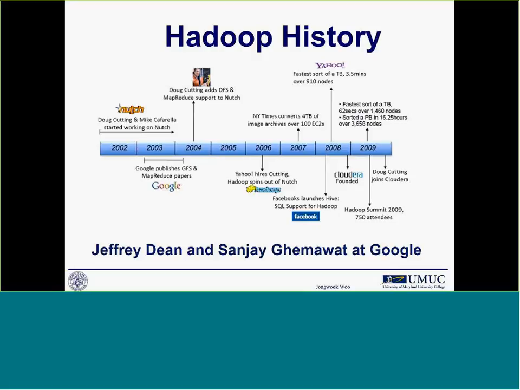And around 2007, the New York Times had a project to convert TIFF image files to PDF files, which was expected to cost millions of dollars in expenses, but one of the New York Times developers knew how to use Hadoop and how to use cloud computing, Amazon cloud computing.